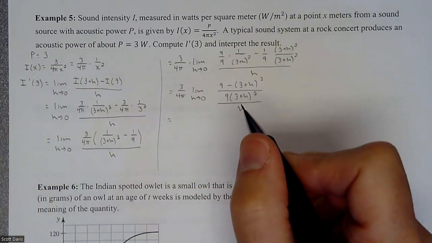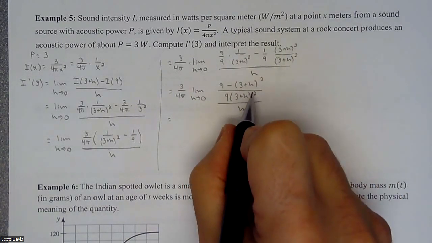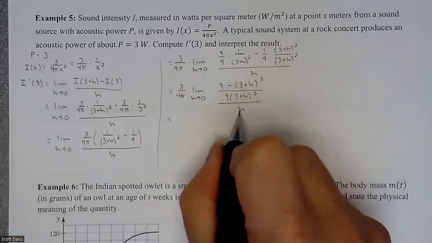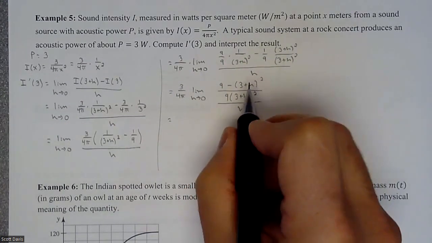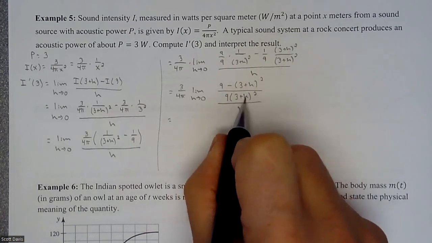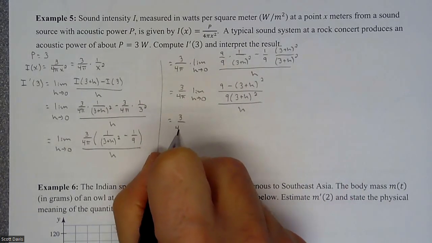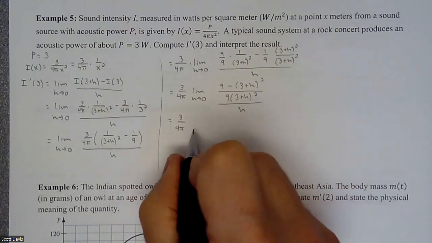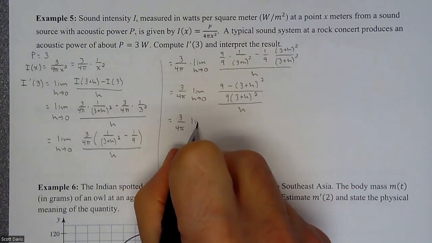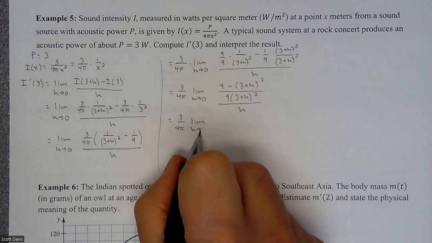So what I need to do is multiply by the reciprocal, right? I'm not going to mess with the denominator here. So let me write this down over 4 pi, and I still have the limit as h approaches 0.